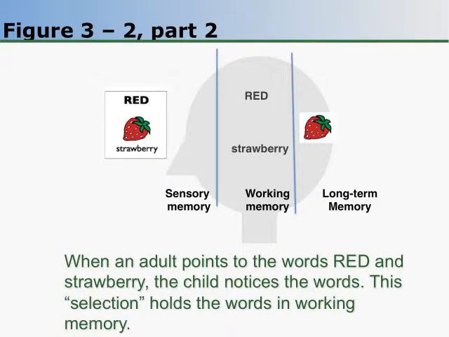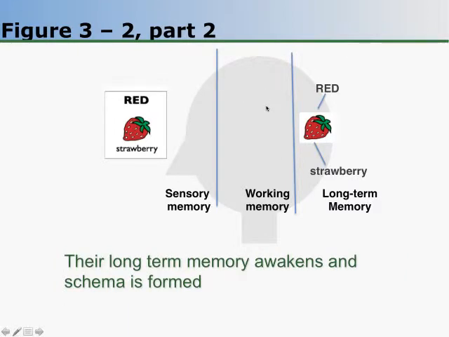But when an adult points out the words red and strawberry, the child may notice those words. And so what happens is that the child has selected those words and they're held in working memory. Their long-term memory awakens and schema is formed. So you can see that the words in working memory actually transfer to long-term memory.